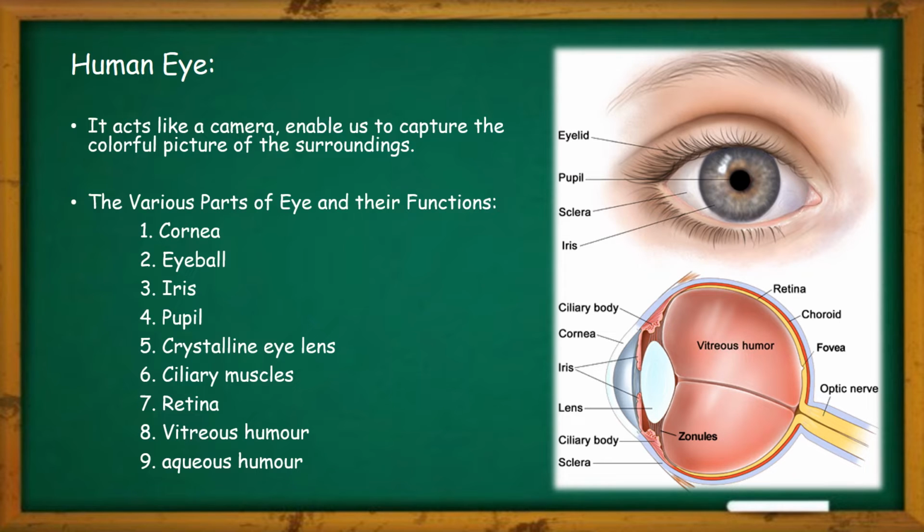It contains low protein concentration and is present in the free space between the eye lens and the retina, which is clearly visible in the diagram also. So these are the parts of our eye which are helping us to see the image of a particular object.